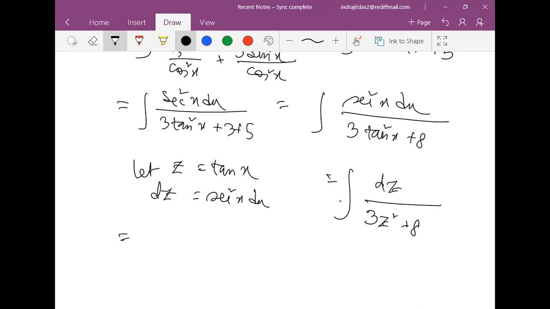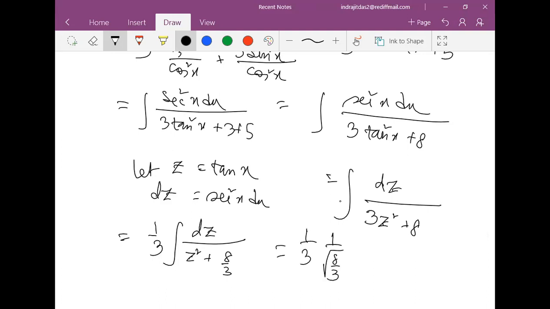Now take 3 common because we have the standard formula. This will be z square plus 8 by 3. So we will write the formula x square plus a square. For that, 1 by a is root 8 by 3, tan inverse z by root 8 by 3.